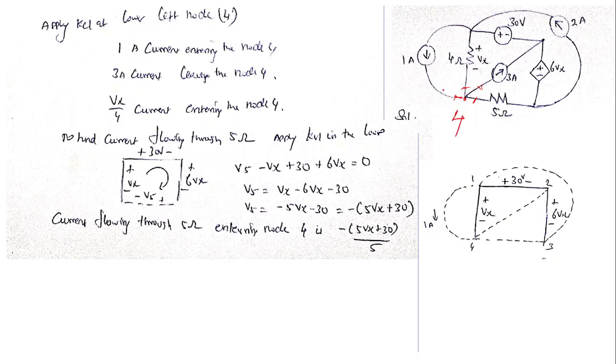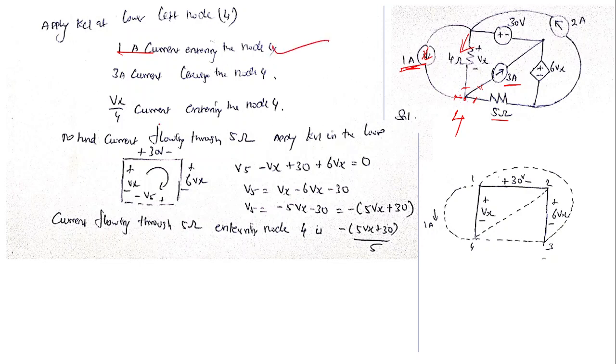This current we already know, which is 1 ampere, and we need to find out the current here. We already know the current here, 3 amperes. I can say 1 ampere current is entering node 4, because the arrow mark is towards node 4.